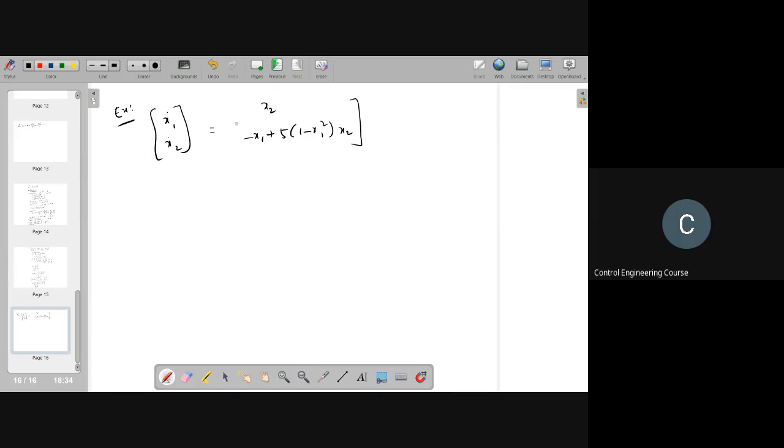So this is your nonlinear system. Without input, this is a non-homogeneous case. So in this case, what are the problems? The problem is to find the equilibrium point for the system.